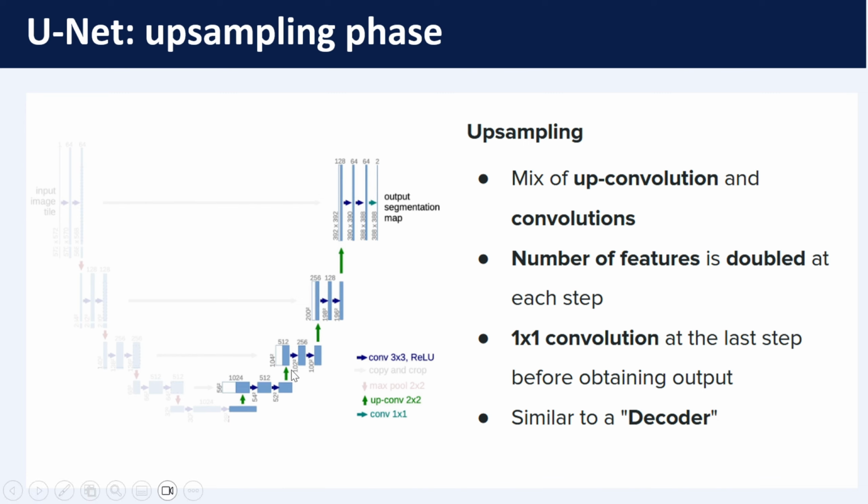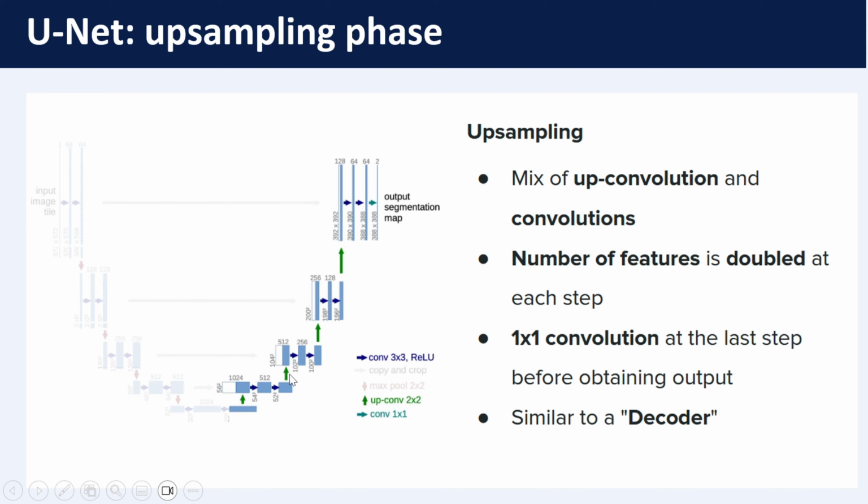The process is actually the same. The only difference is that we apply as well a one by one convolution to map to 64 component features, right? We have here, if you can see, an up convolution.